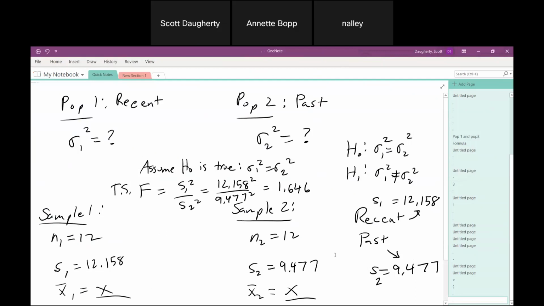And then let's find the p-value. So the hard part is knowing, here's your test statistic. Now you've got to decide whether you're going to find the area to the left or to the right of this.